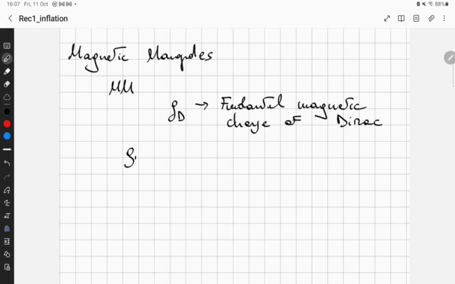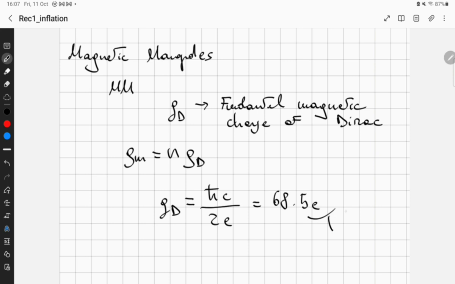So the magnetic monopoles are defined as a multiple of the magnetic charge of Dirac, g_D being in units of electrostatic charge.